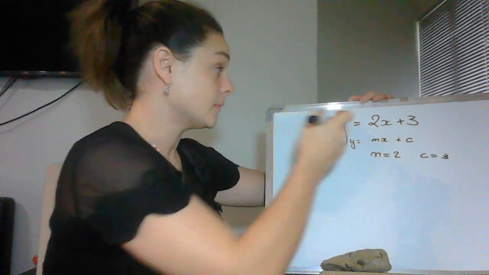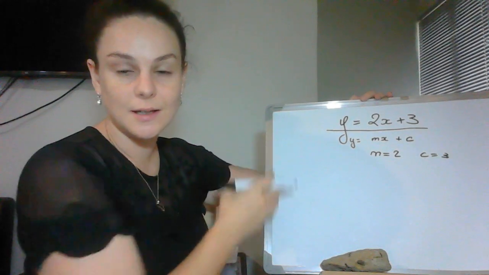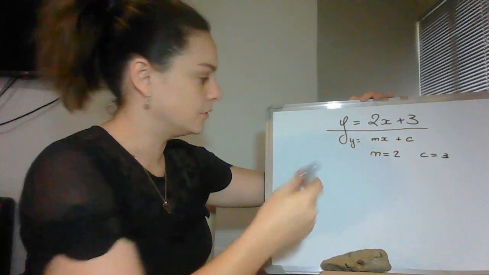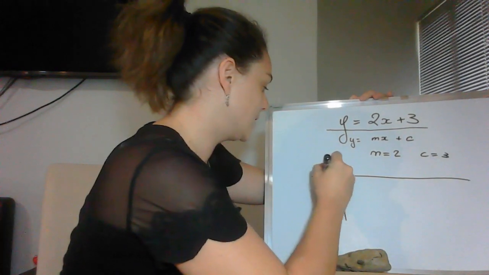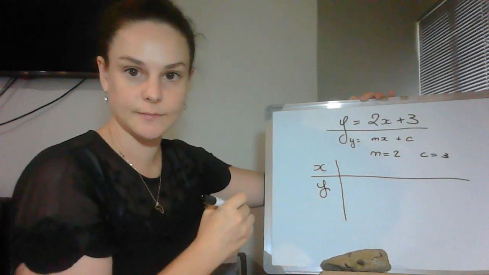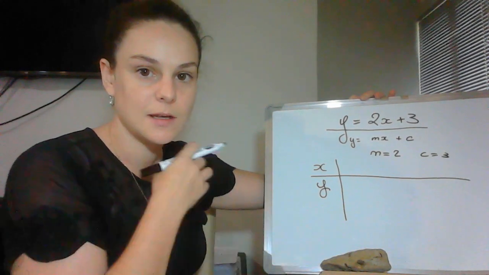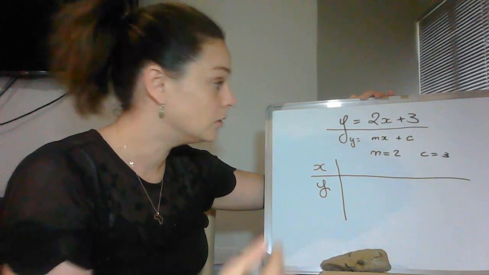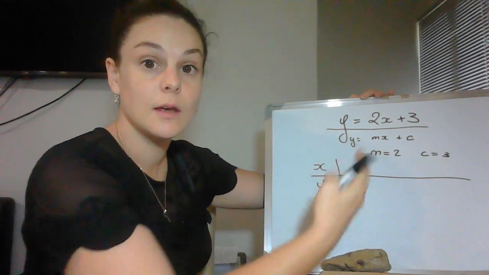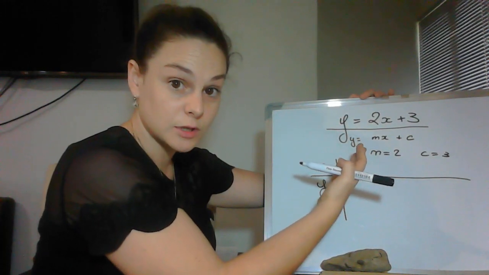Alright, so that's very easy, but the method to draw a straight line is the same as to draw any graph. You do your table with the x and the y. Here you must choose your x's. It's up to you. You can take any value that you want. You will always have to calculate the corresponding y transformed by the function.